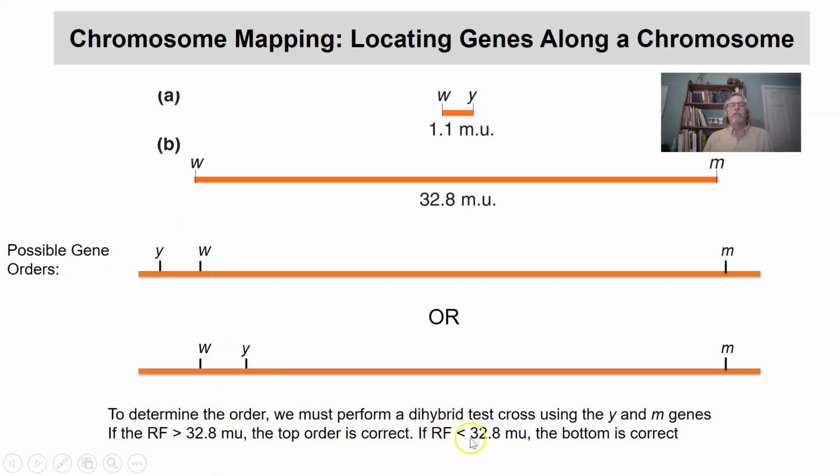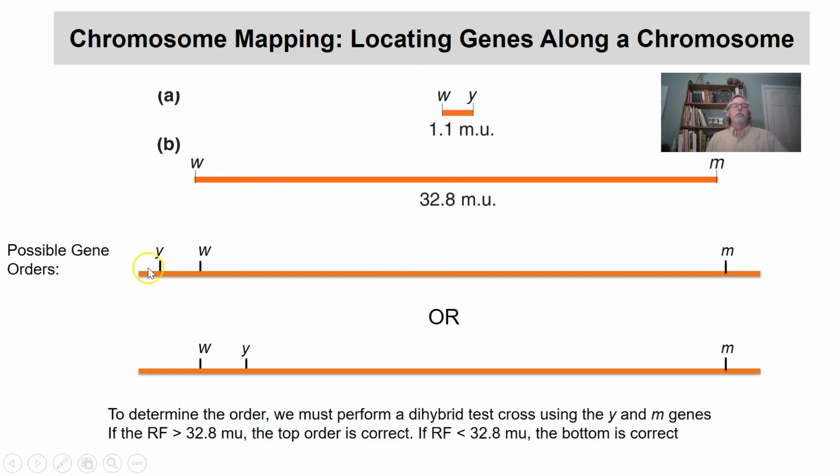If we get a recombinant frequency less than 32.8, that means that the yellow gene is in the middle. Okay? So this is how you can determine orders of multiple genes along a chromosome by setting up pairwise dihybrid test crosses between all of the genes that are involved.